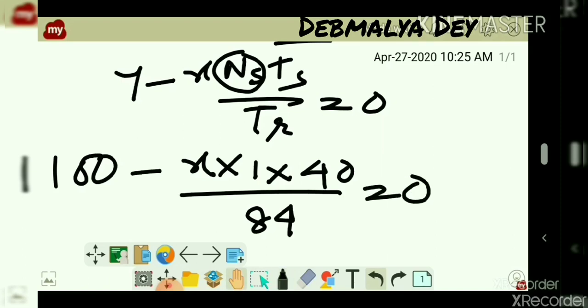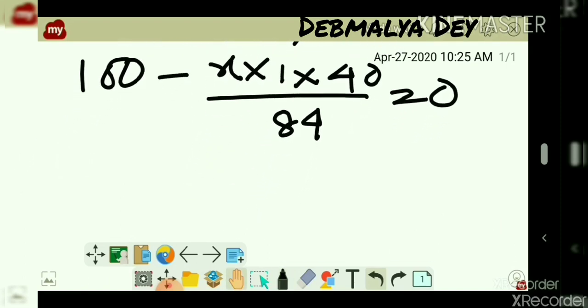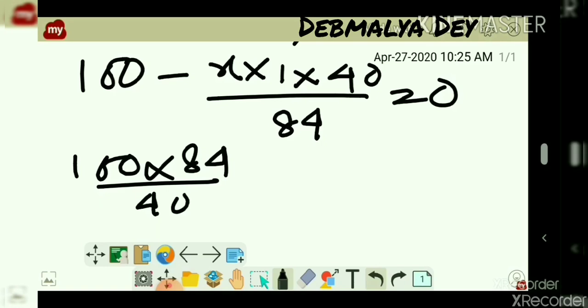Now from here we will find the value of x, which equals 100 into 84 by 40. Let's find 100 into 84 by 40, it's 210.